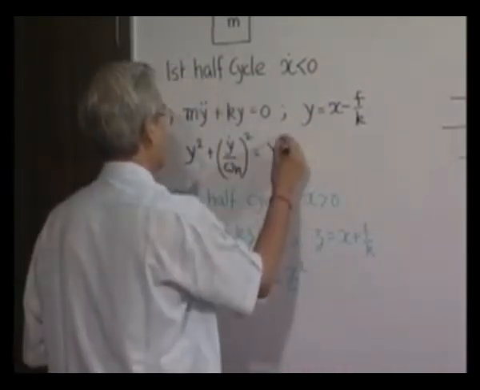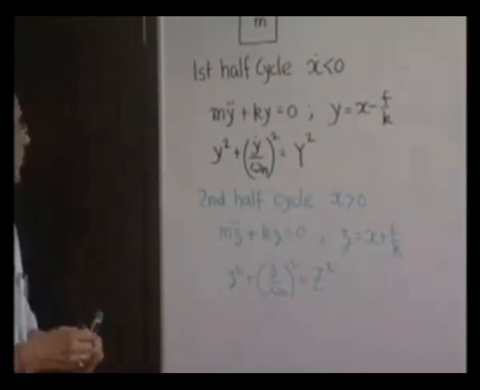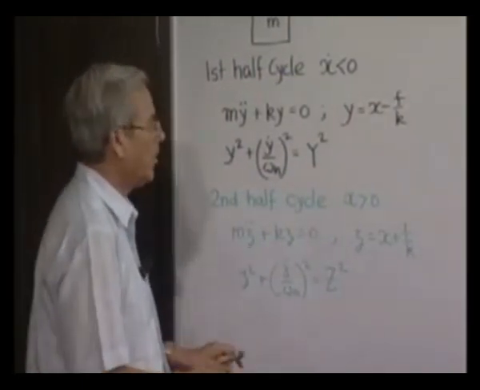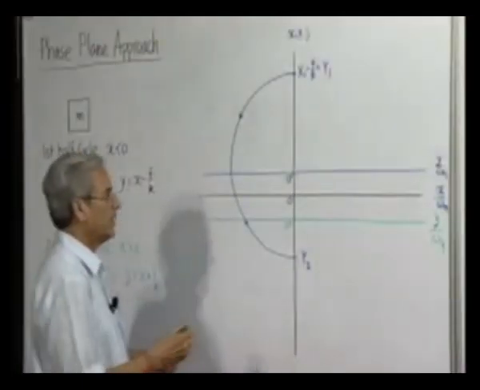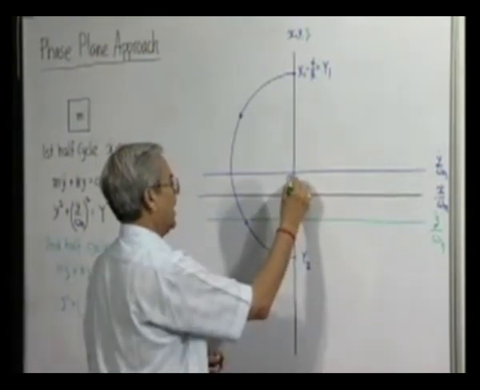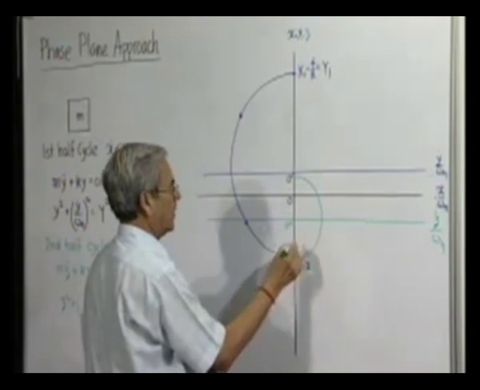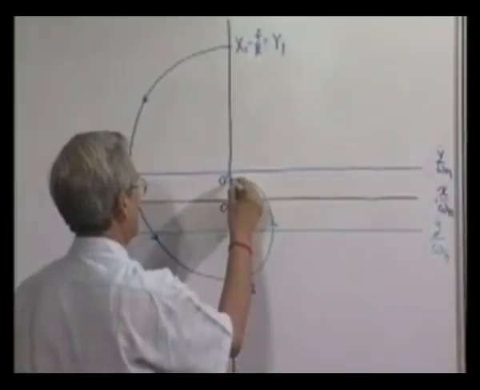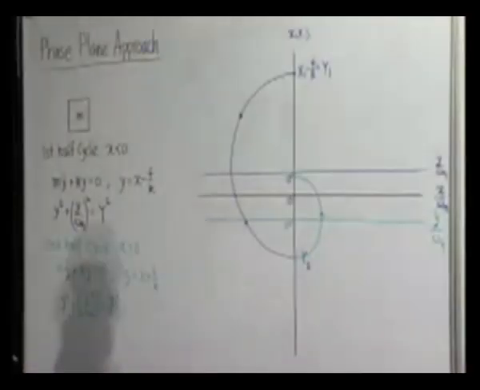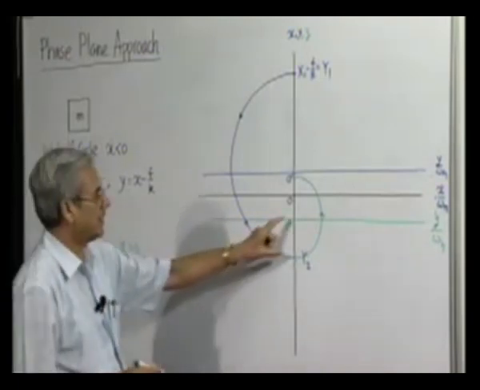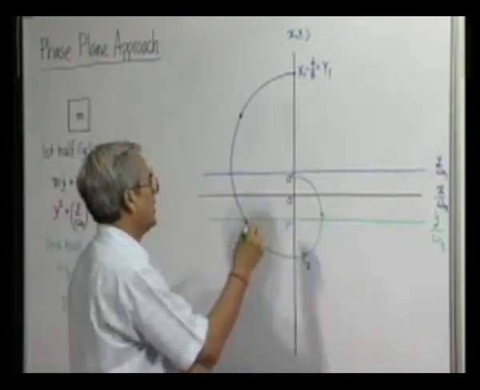Not essential, but I think that should be applied. So now in this next half cycle, this will be the center and this will be the phase plane curve. A semicircle again with this as the center and this point, so you can draw it.